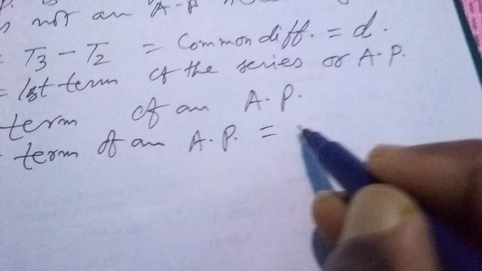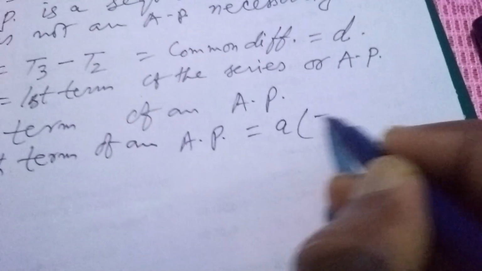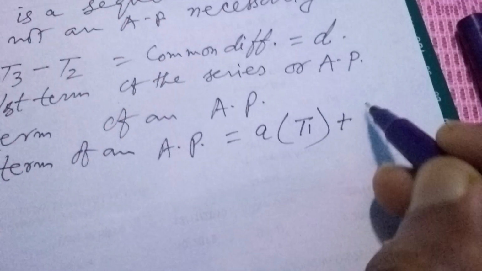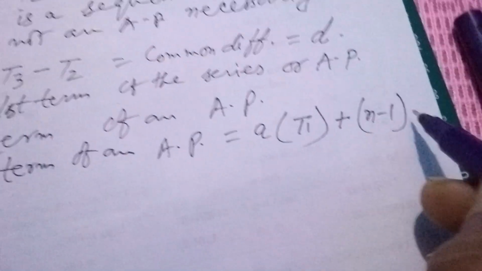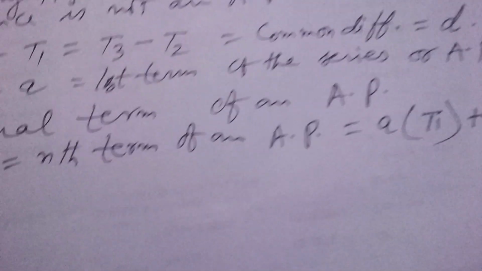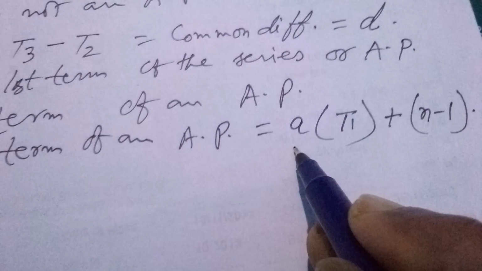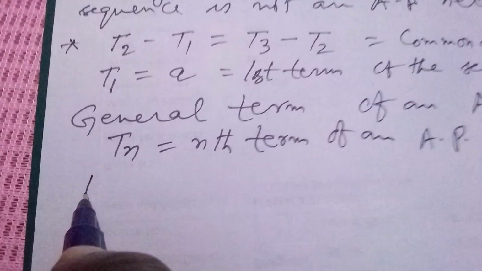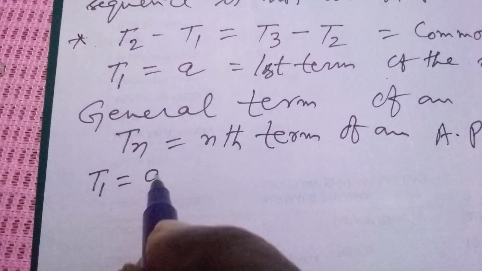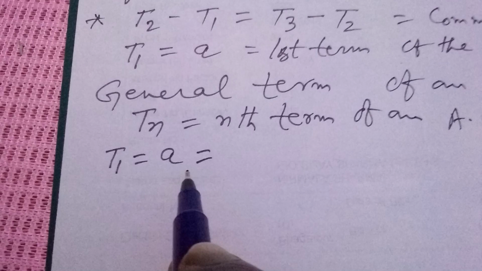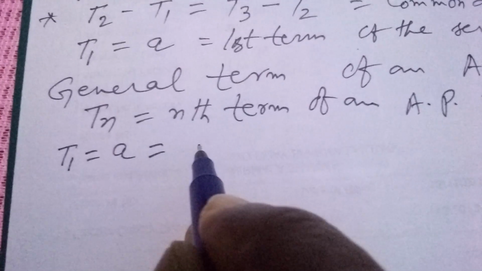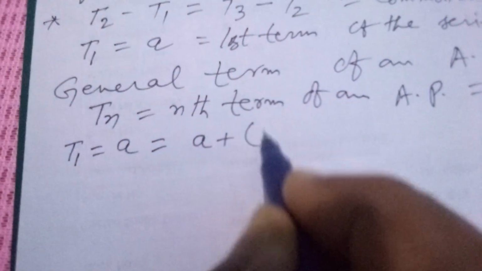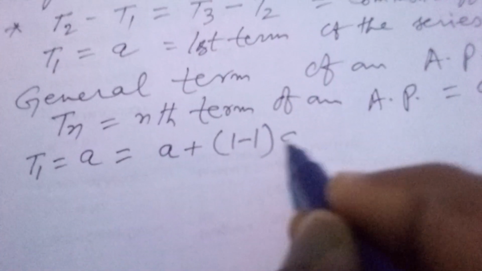That is equal to a, the first term T1, plus n minus 1 into common difference d. Then how do we arrive at this formula? T1 is a, the first term. That's why the first term is a plus 1 minus 1 into d.